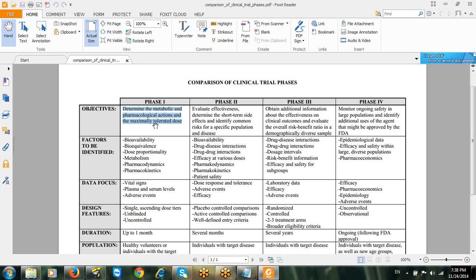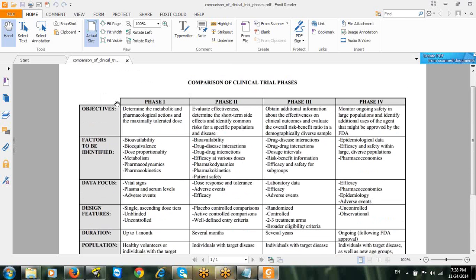It will give us the information regarding these, so we look to phase 1 to identify this particular information: metabolic and pharmacological actions and maximally tolerated doses.